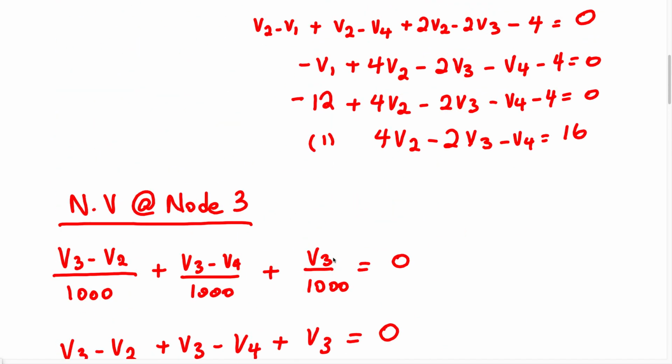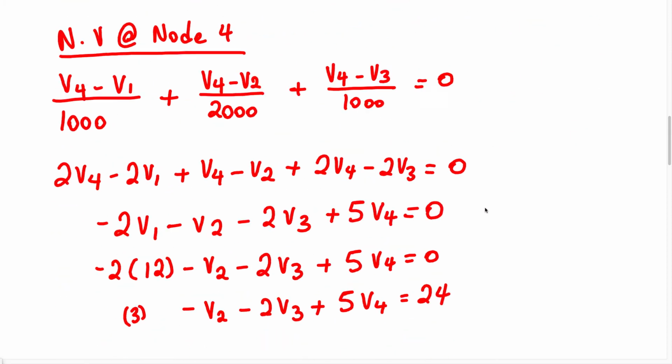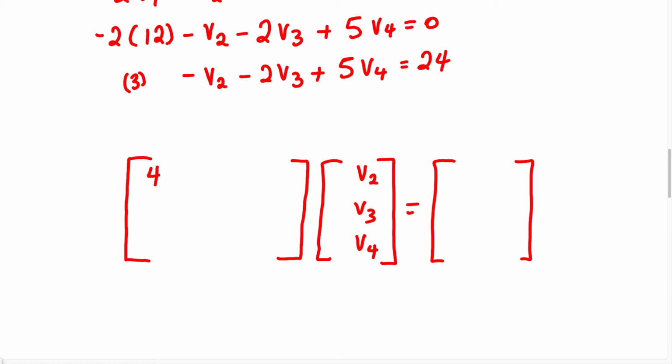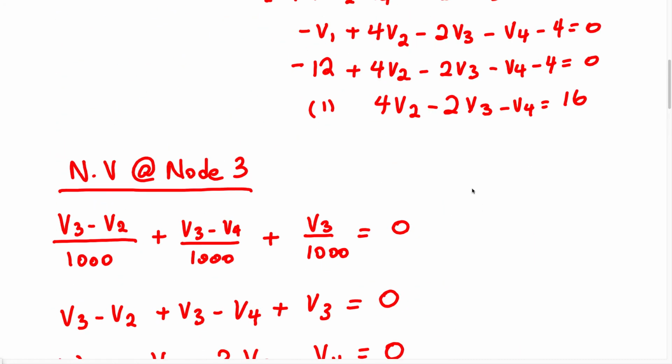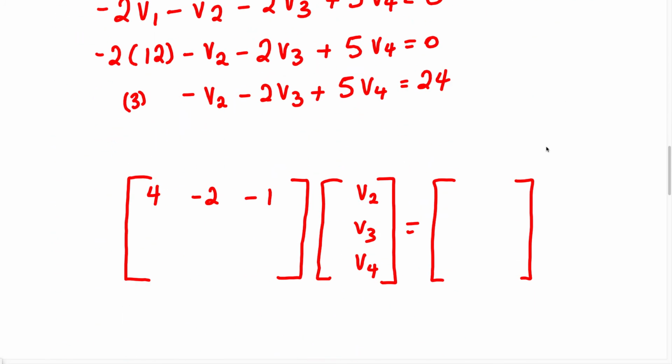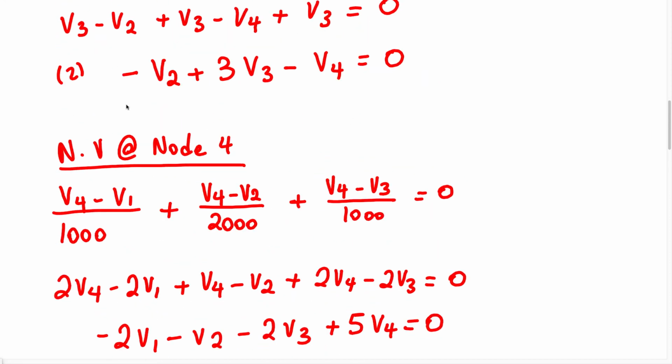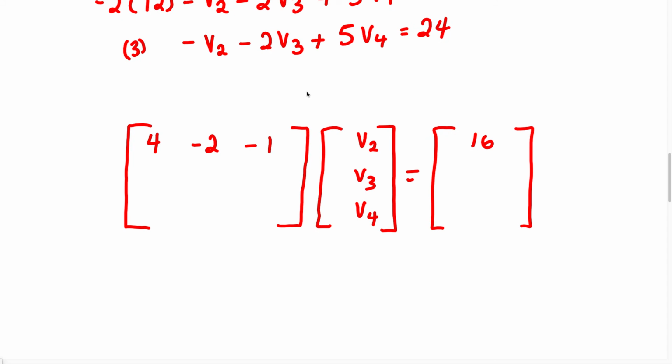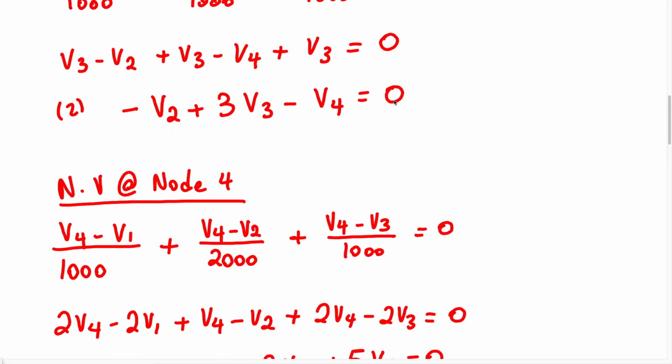For equation 1, we're going to have 4V2 minus 2V3 minus 1V4. So we have 4, minus 2, minus 1, and all of that is going to equal positive 16. Now for equation 2, we're going to have negative 1, positive 3, negative 1, and all of that is going to equal 0.